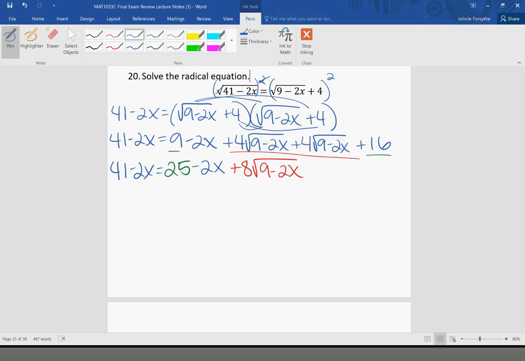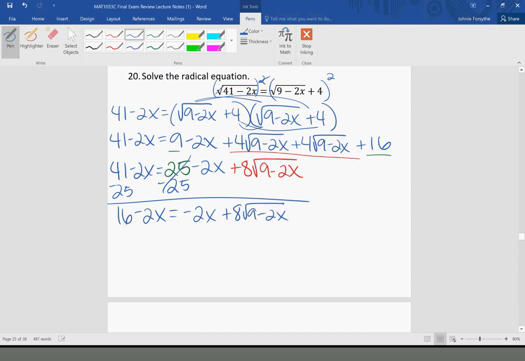Now my goal here is to get the other square root by itself. So if I subtract 25, I have 41 minus 25 is 16. Bring down that minus 2x equals minus 2x plus 8 root 9 minus 2x.